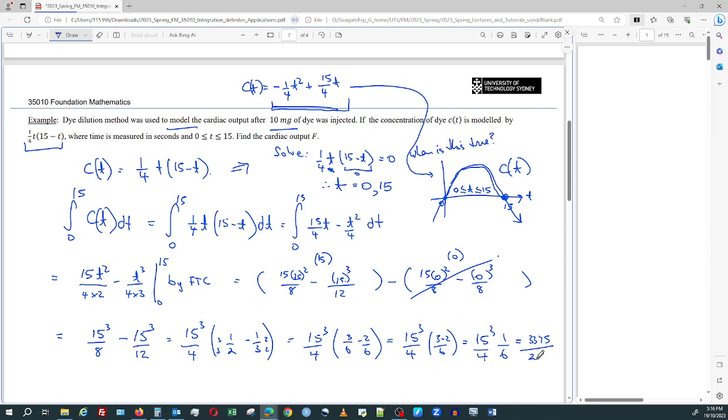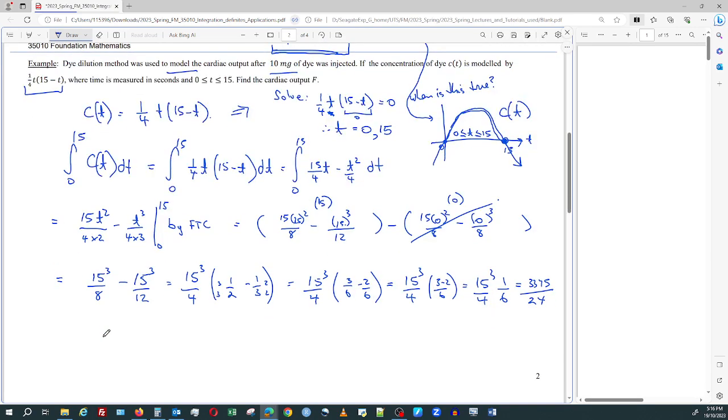over 24, but that's only part of the solution, because our model said that the flow was going to be a divided by the integral from 0 to t of c t dt.